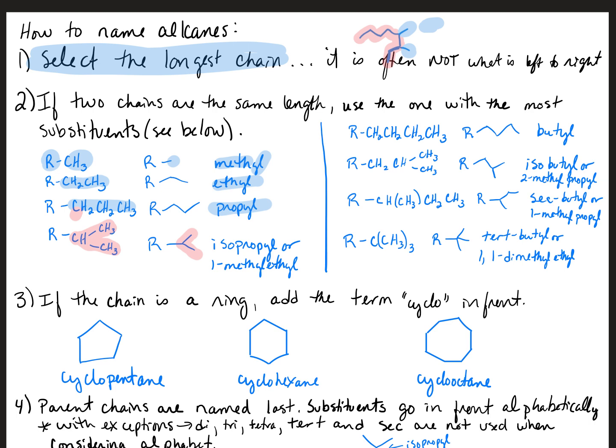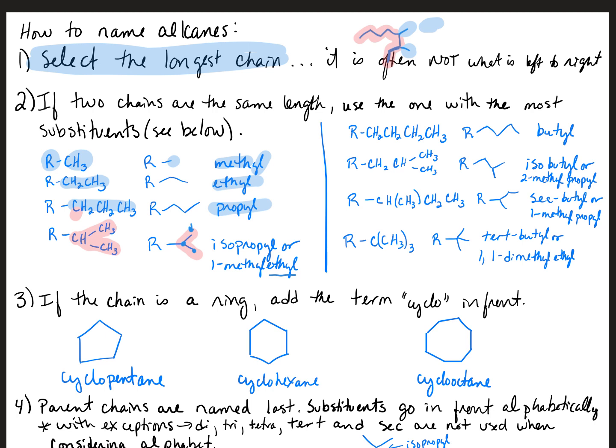Now, probably the better way to name that, though, is that it would be a 1-methyl ethyl. And here's where I get that from. So the long chain that's coming off of that R group has 2 carbons. So that's where ethyl comes from. And then this would be a methyl group. I will take either of those. That is totally fine, but we are not going to use common names. Okay, you don't need to know those.